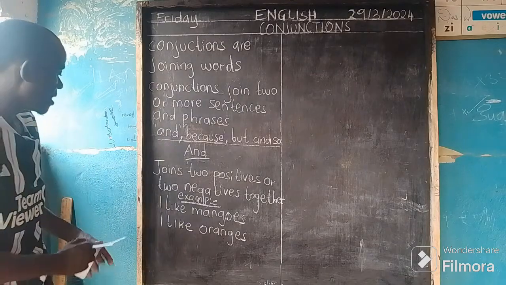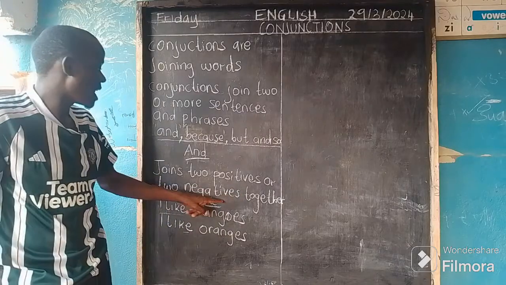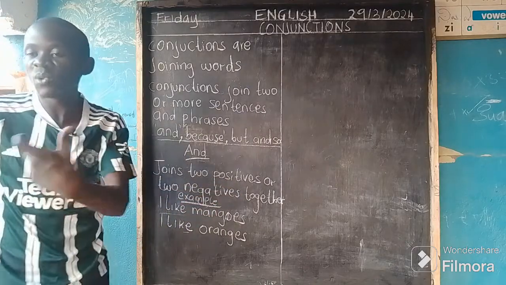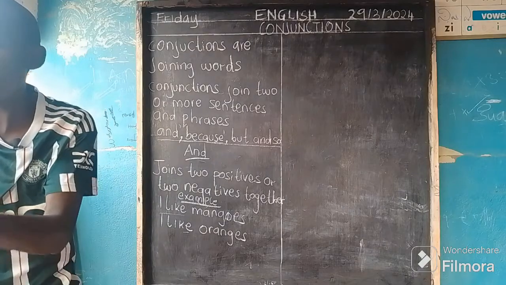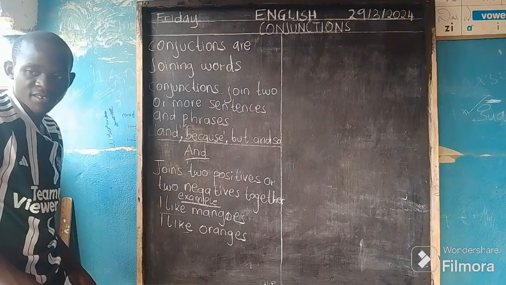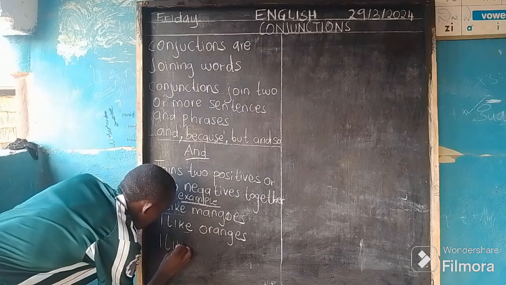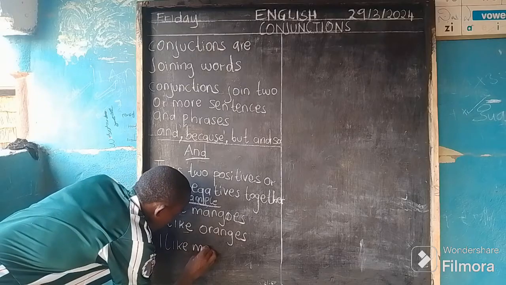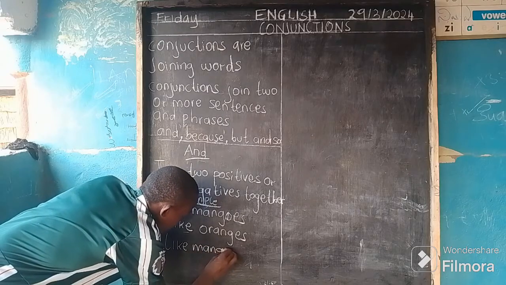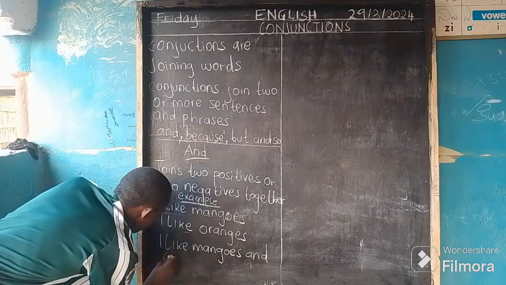Wrong. Since the word I like is positive, you don't repeat it twice. You only do it one time. You say, I like mangoes and oranges.